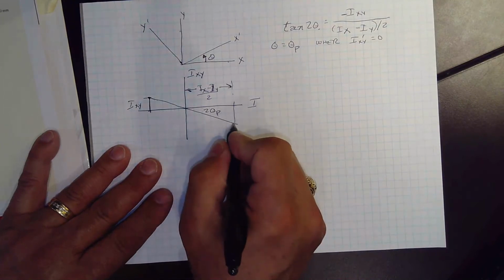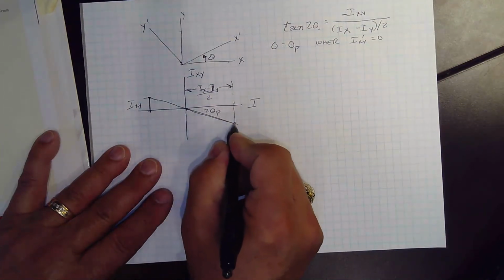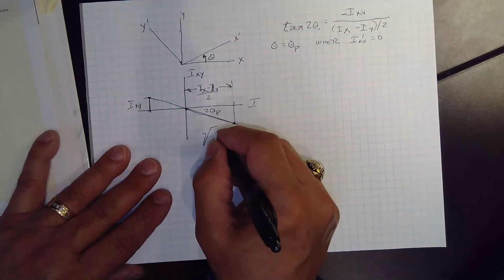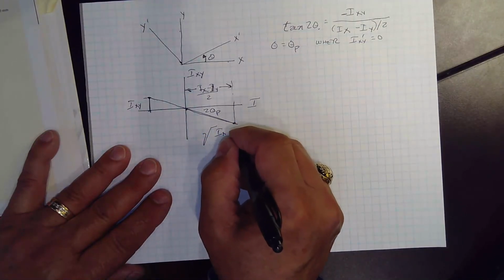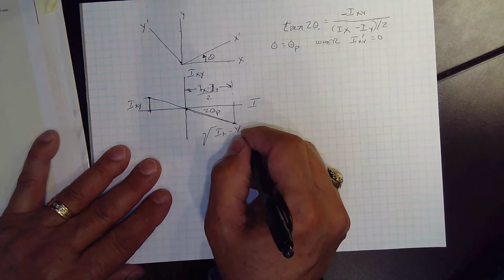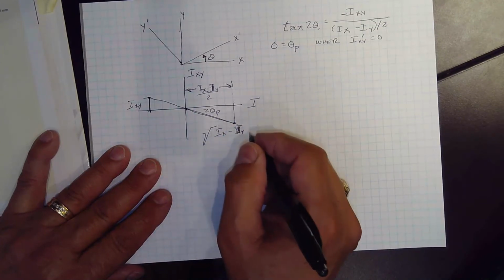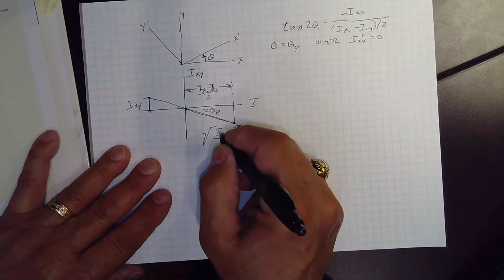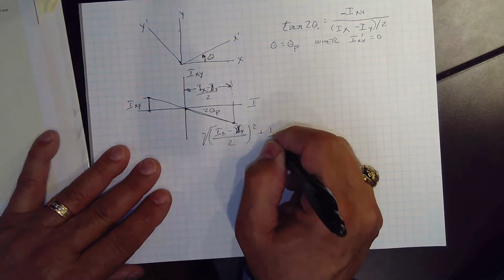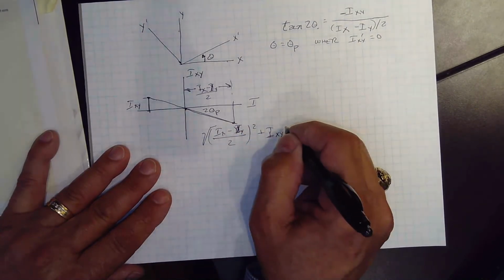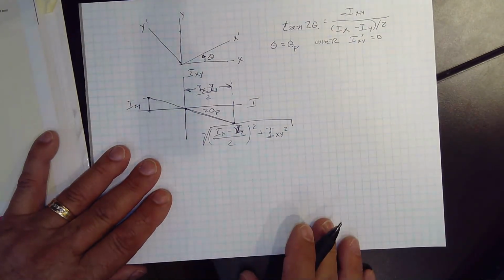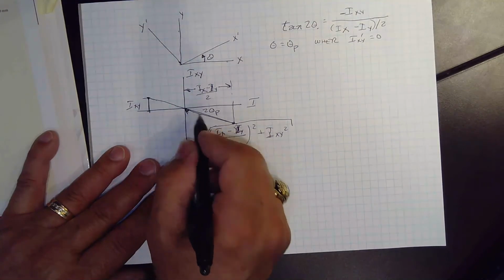And this distance from here to here, the square root of the sum of the squares, is the square root of ((Ix minus Iy) over 2) squared plus Ixy squared.